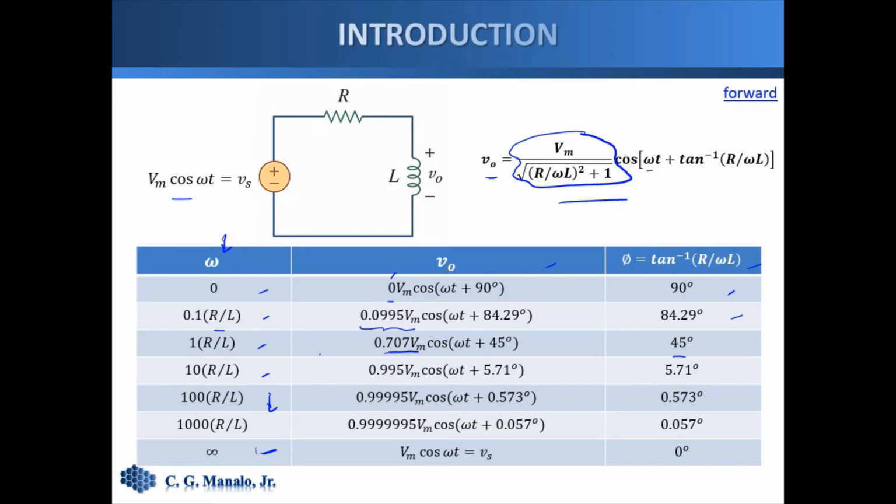And if we continue to increase omega, the magnitude will continue to increase, but it will be limited up to V sub m, which is the amplitude of our input voltage, but the phase angle will tend to decrease to 0.